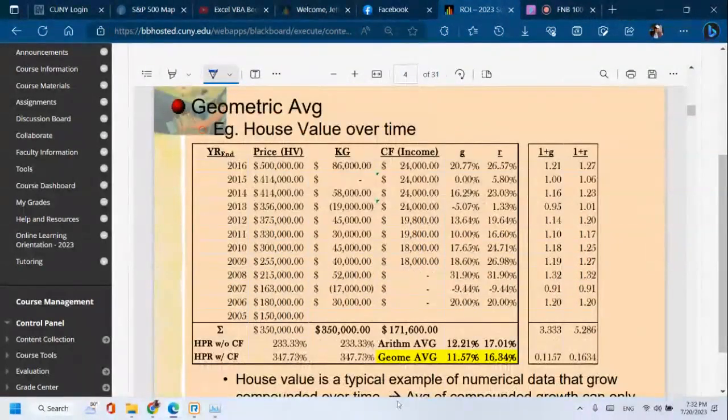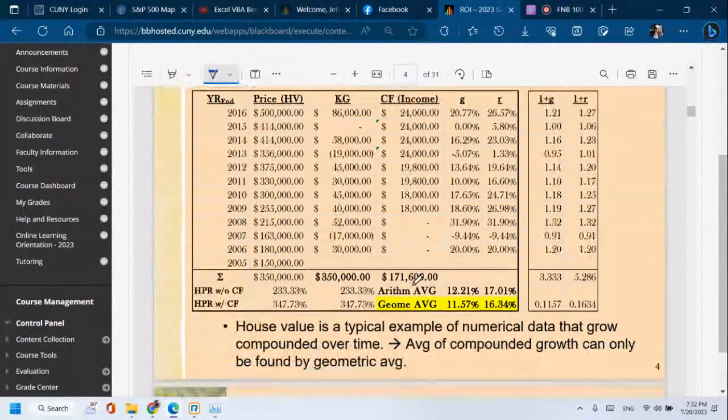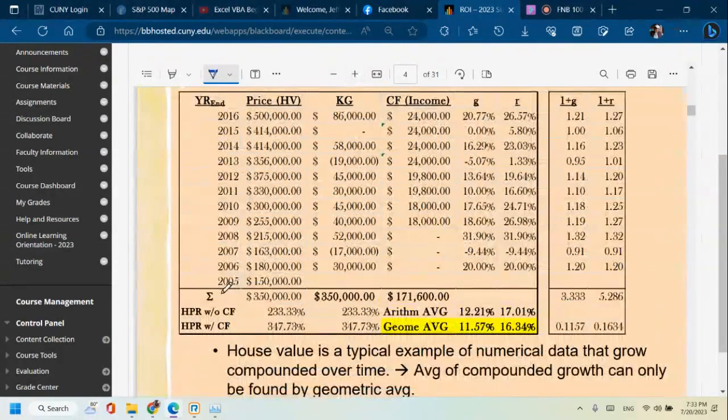Now let's take a look at this example. This is an example of buying a house. Your asset is the house. You bought the house, let's say, at the end of 2005, and the house was 150K.